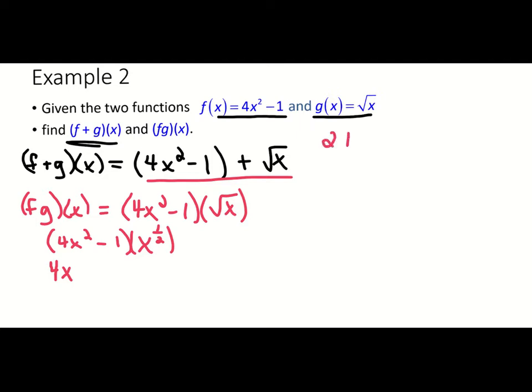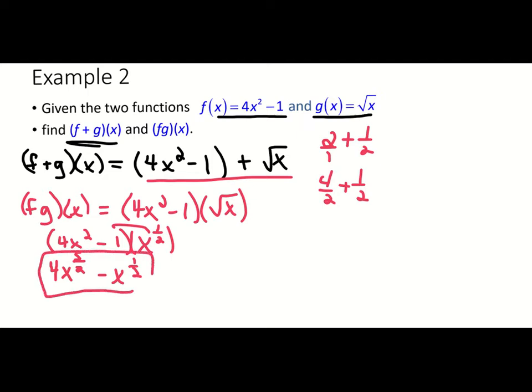So if I do 2 plus 1/2, 2 as a fraction is 4 over 2, plus 1/2. So it would give me 4 times x to the 5/2 power, minus, and then 1 times x to the 1/2 would be x to the 1/2 power. And we could leave it right there. That would be it. They're not always going to be this difficult, but sometimes it is nice to see those fractions in there so that we can get used to them and practice with them.